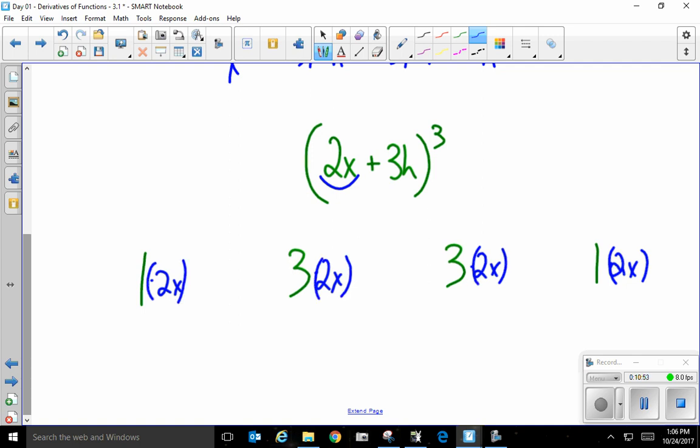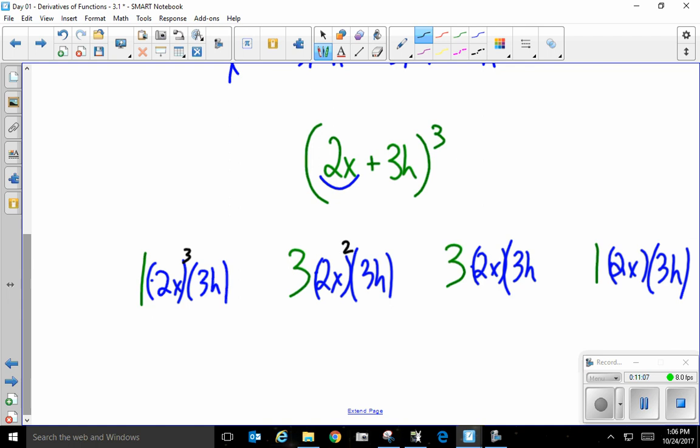And then 3h, 3h, 3h, 3h. In my exponents, 3 for the x, 2 for the x, 1, 0. And then I'll start at the back, 3, 2, 1, 0. Anything with a 0? Bonk. I have to cube the 2 and the x.